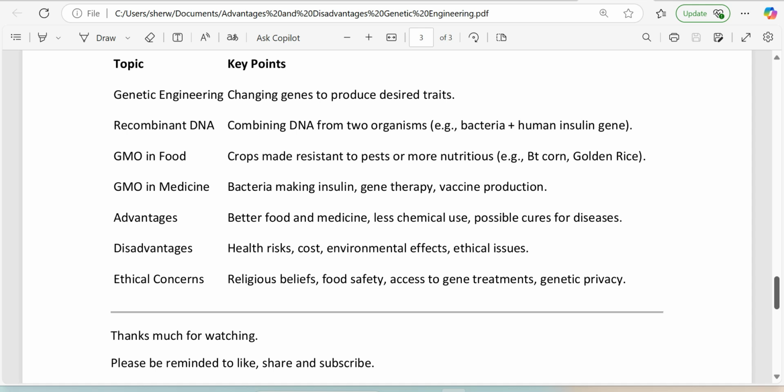GMO in medicine: bacteria making insulin, gene therapy, vaccine production. Advantages: better food and medicine, less chemical use, possible cures for diseases. Disadvantages: health risks, cost, environmental effects, ethical issues. Ethical concerns: religious beliefs, food safety, access to gene treatments, genetic privacy.